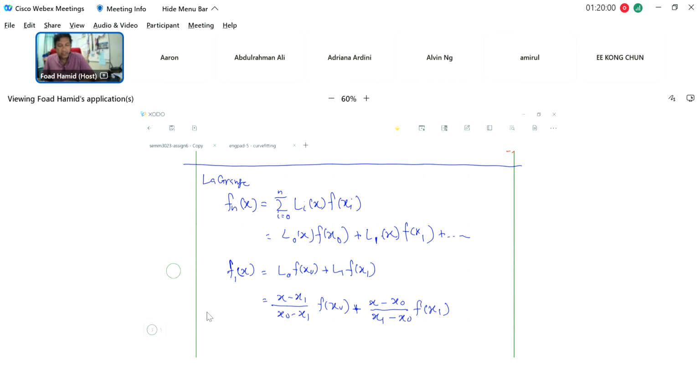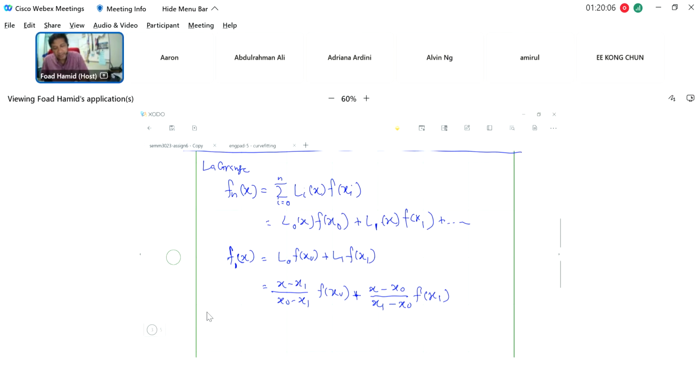The details are in your textbook. Note that this is first order, and there's only x here. So both of these terms are first order.